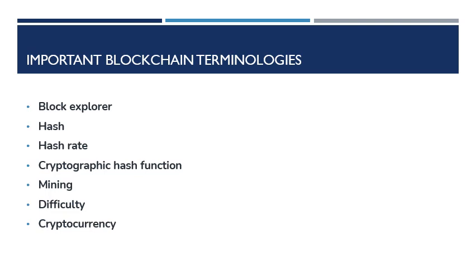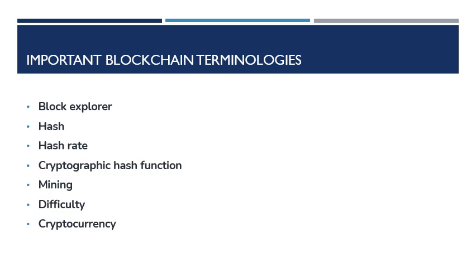Mining. Mining is a process of solving a complex mathematical problem in order to attach the new block of transactions to the blockchain. This term is used in reference to blockchains that use proof of work as consensus mechanism. Difficulty.